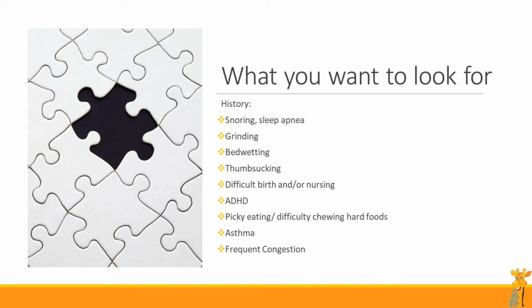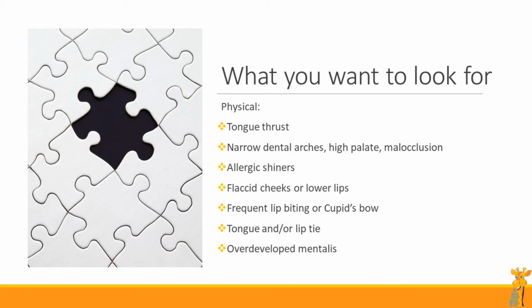Was there any history of ADHD, picky eating, difficulty chewing hard foods, any asthma, eczema, frequent congestion? These things are all related. And as you begin to do your research, you'll see how it all fits together. But a basic starting point, definitely ask about the history of sleeping first and foremost.